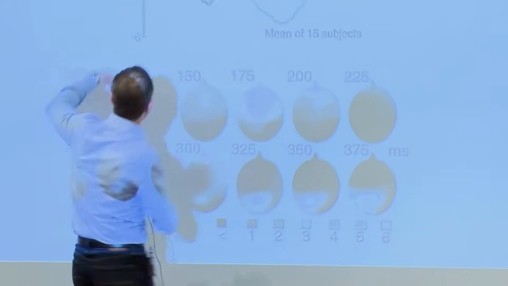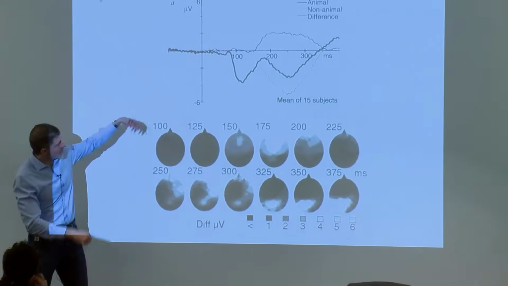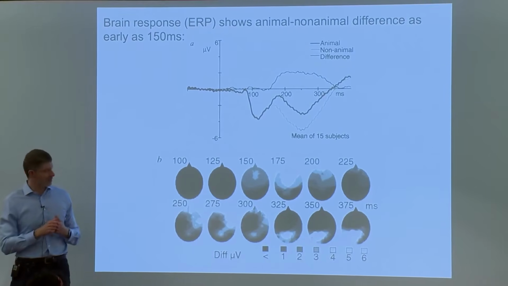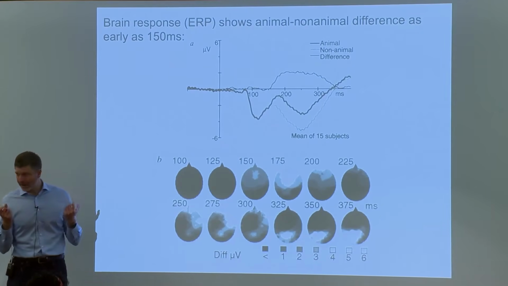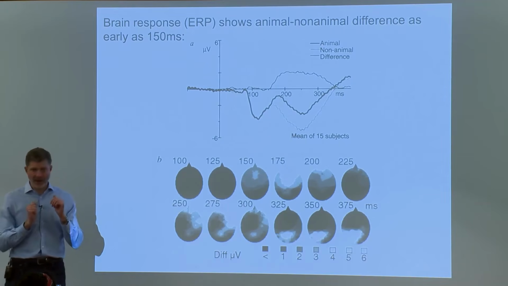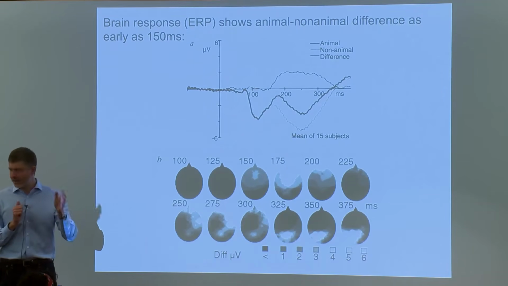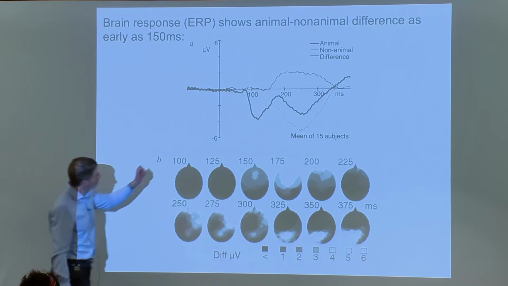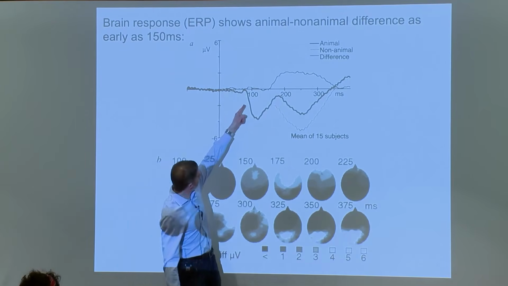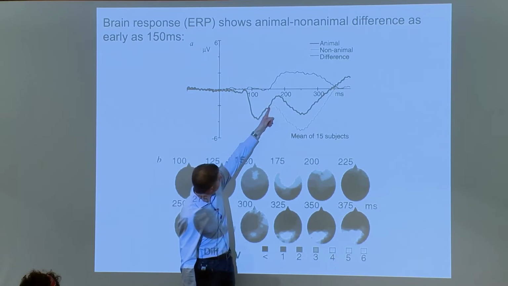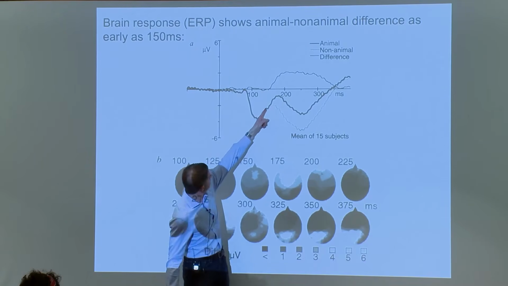And so this is what you get. So this is time. This is the response. Whether it's positive or negative doesn't really mean anything because you just have these electrodes and you're measuring differences in voltage. And what you really care about is at what point in time there will be some difference in the brain depending on whether the image is an animal or a non-animal. All right? And what does this show? Well, you get this response here, and they're very, very similar up until, looks like about 150 milliseconds.